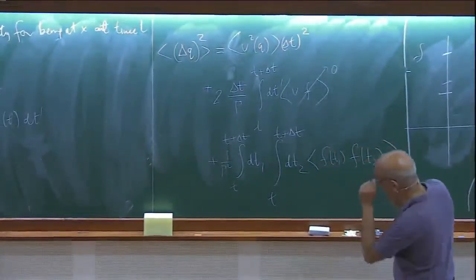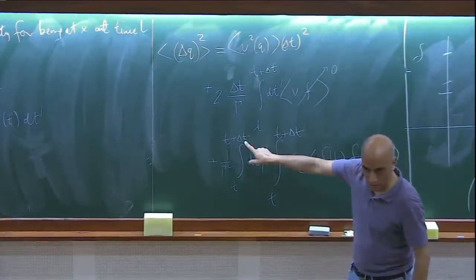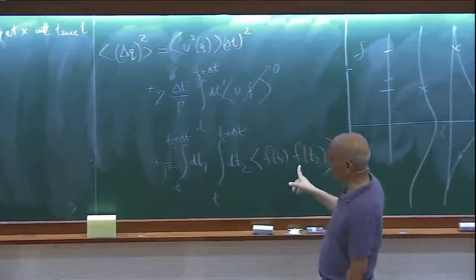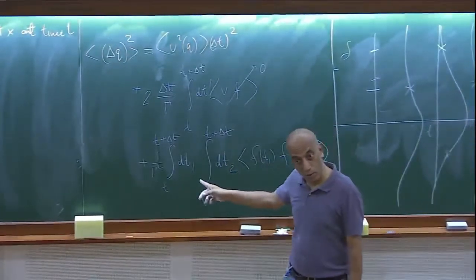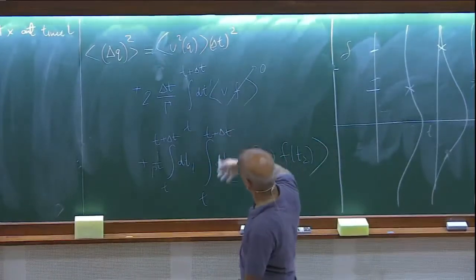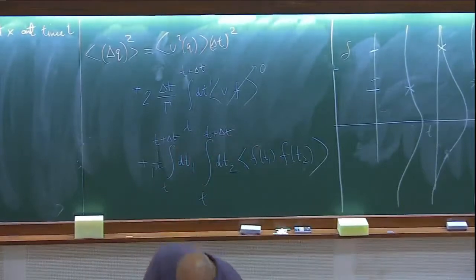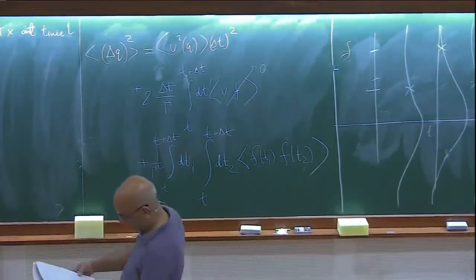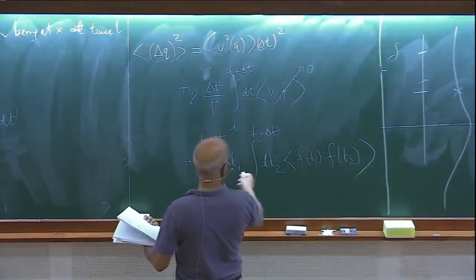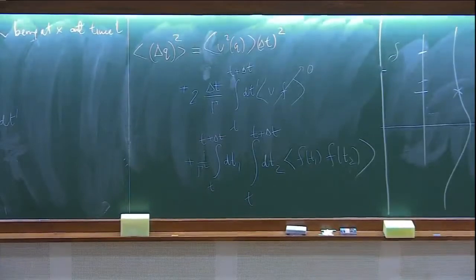And the curious thing is that this term, which seems to have 2 delta t's in it, if f had been a sensible function, would have been a term of order delta t squared, because I'm looking at things at order delta t squared. This term is, of course, of order delta t. So what did we agree that f was?